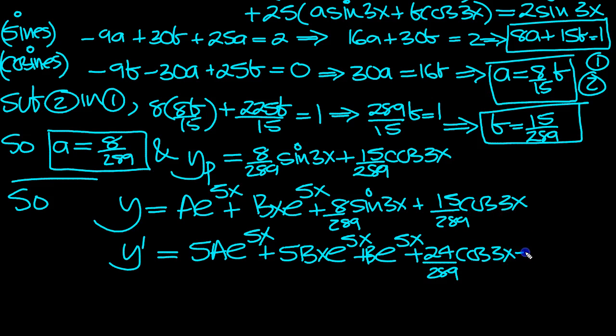And then the cosine goes to minus sine, the 3 times 15 is 45 over 289, and it'll be sine, won't it? As we said. There we go, there's y dashed.